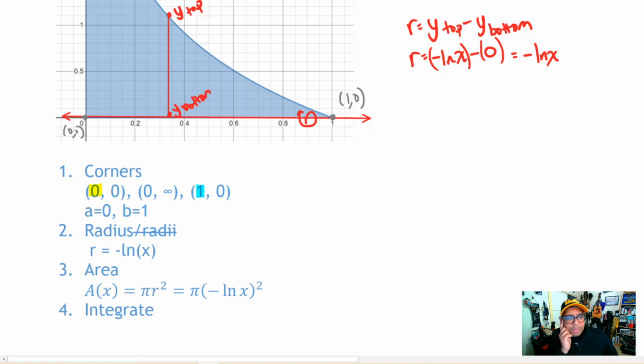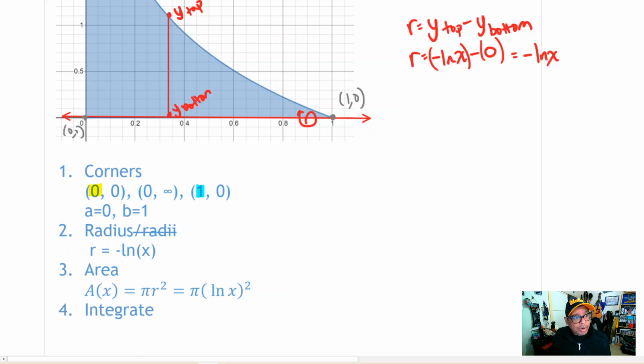And actually, we can simplify this just a little bit more, because if I square negative natural log of x, that's kind of the same thing as negative 1 squared multiplied by natural log of x squared. And of course, negative 1 squared is constant and equal to 1, so we don't really need it. So my area formula in its best form is pi multiplied by the natural log of x squared.